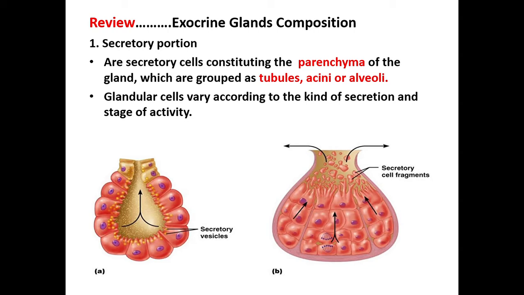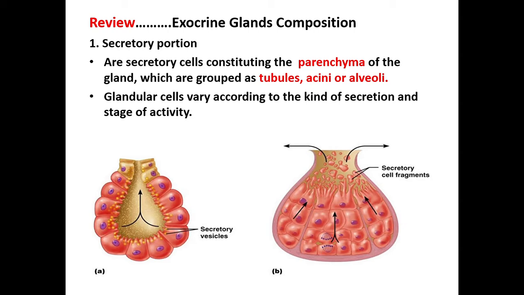And these secretory cells are either grouped as tubules with tubular structure or maybe sac-like structure which we call acini or alveoli. The glandular cells vary according to the kind of secretion and stage of activity of the cell.